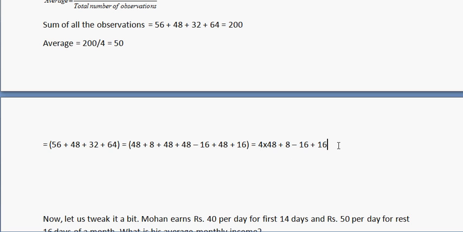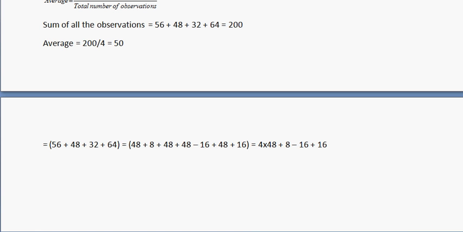When we divide this by 4, we get 48, and the minus 16 and plus 16 get cancelled. So we get 48 into 4 divided by 4 plus 8 divided by 4, which means it becomes 48 plus 2, which is 50. Again our average which we found earlier.